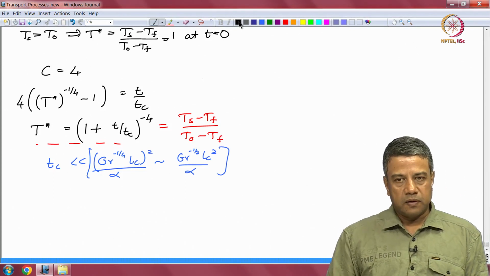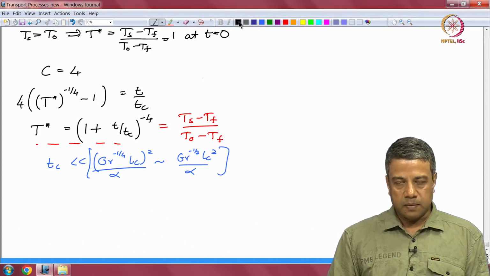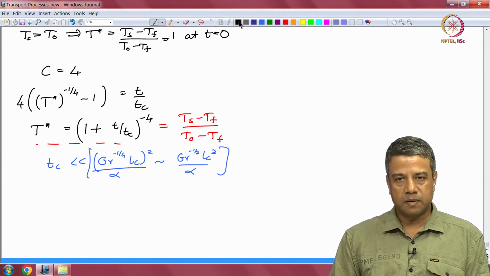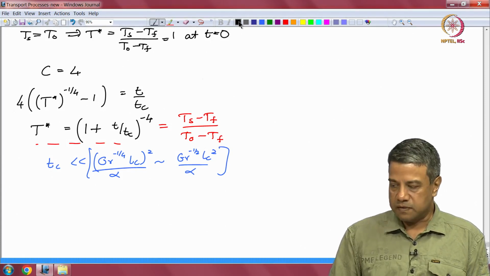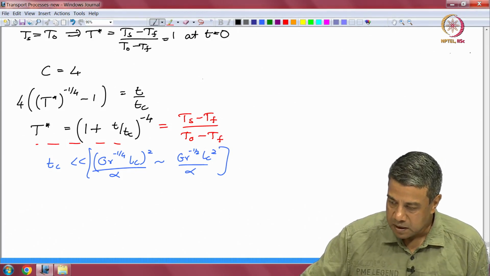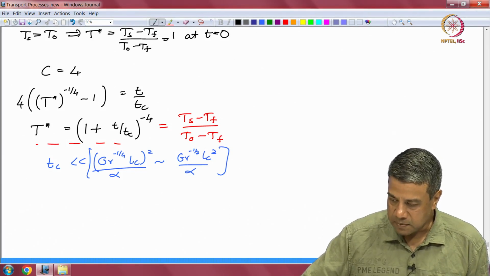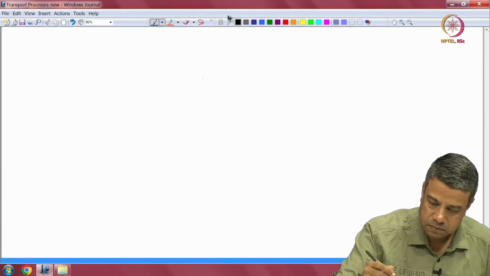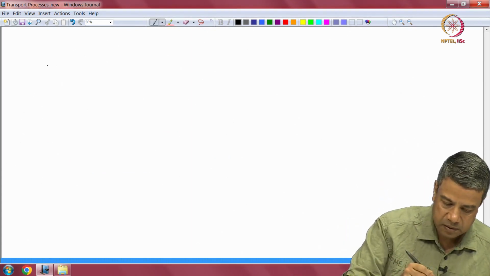So, finally, before we complete this discussion of transport due to objects, I will solve the problem of spatial variation of temperature. And this is, for example, if you had an elongated object.